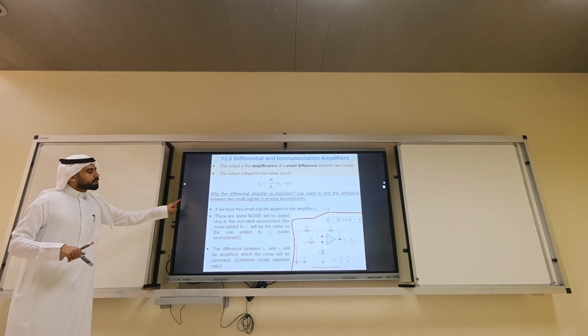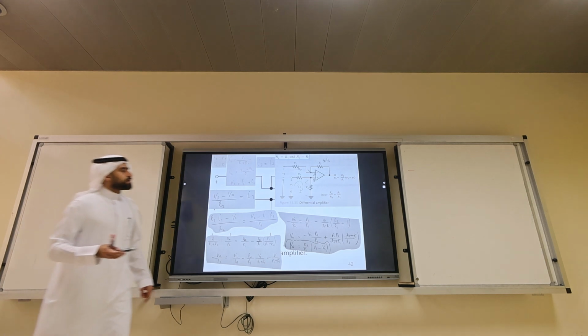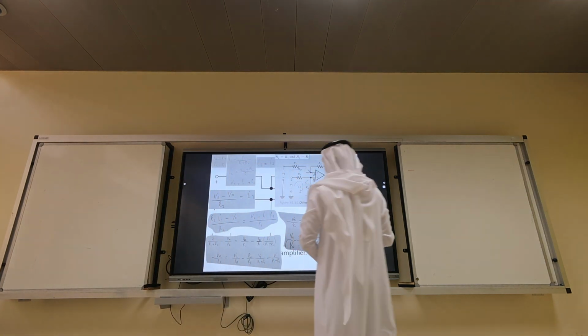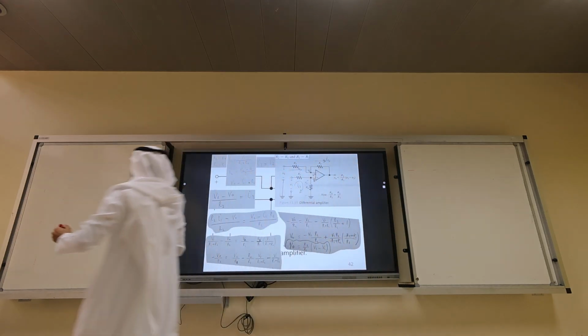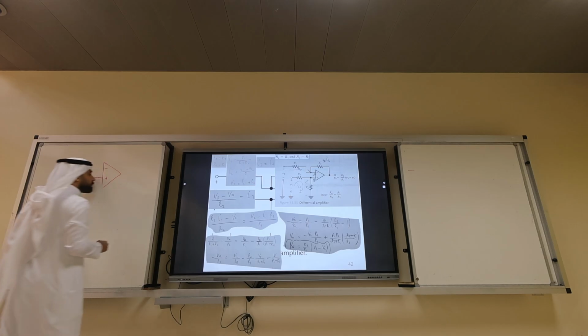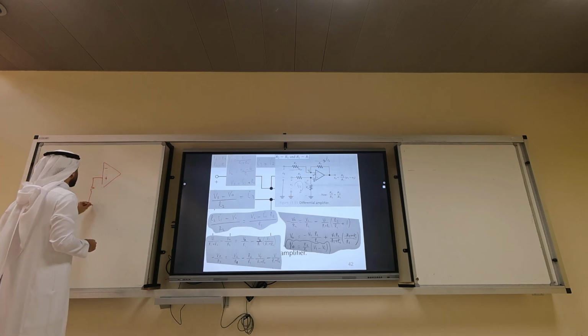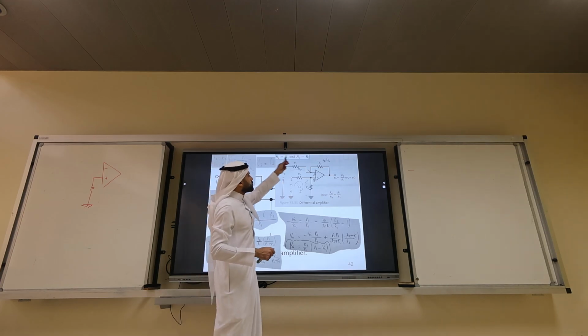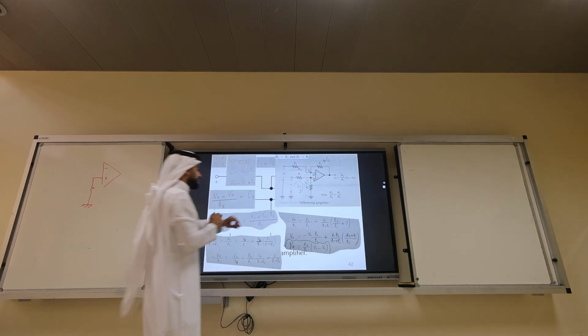Let's look at the circuit, okay? Now we will do another exercise. I'm going to draw it. In the positive input, he's telling you R4 equals R2, R1 equals R3. Get it?